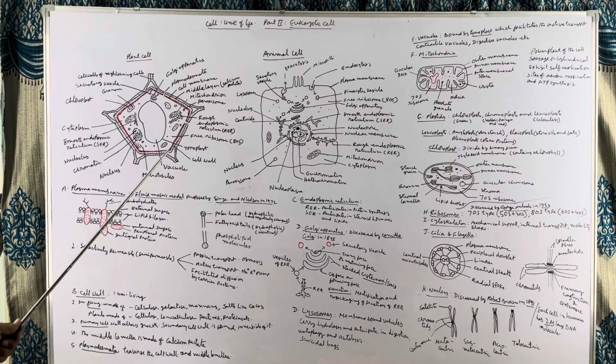Then, cell wall. Coming to the plants, there is a cell wall surrounding the plasma membrane. The cell wall is non-living. In fungi, it is made of cellulose, galactose, mannans, and salts like calcium carbonate. In plants, the cell wall is made of cellulose, hemicellulose, pectins, and proteins.